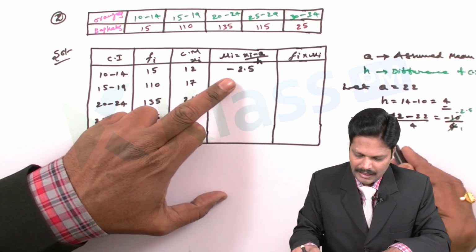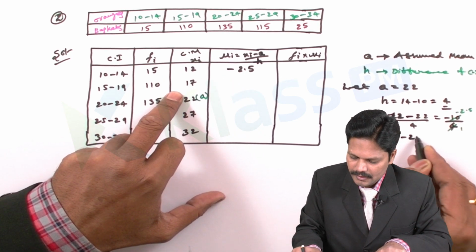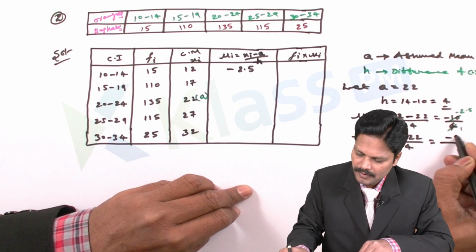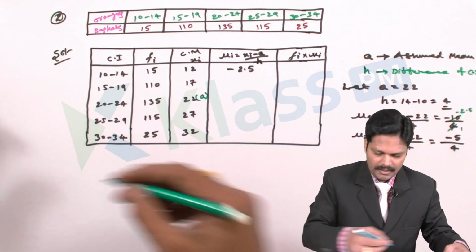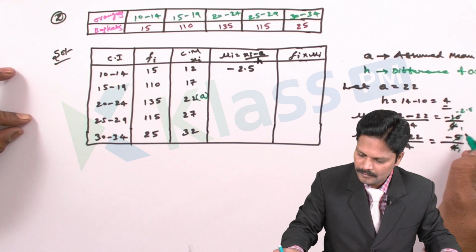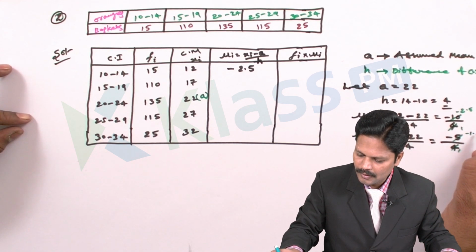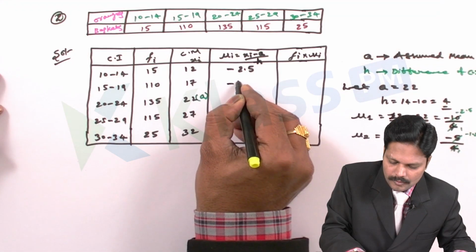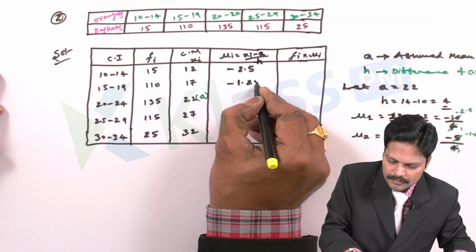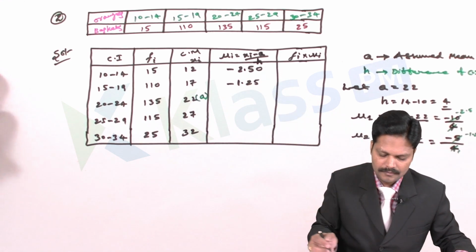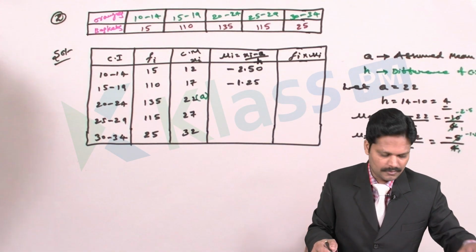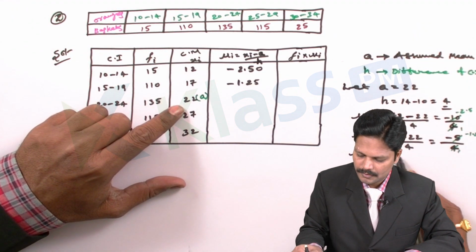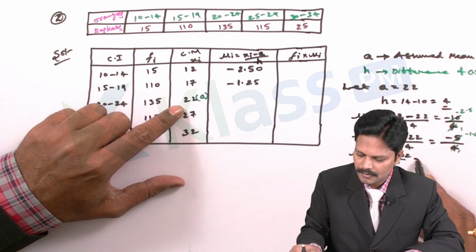For the second row, u2, we are having x_i as 17 minus 22 by 4, which is minus 5 by 4, and we need to cancel this, giving minus 1.25. In this manner we need to get the values. For u3, 22 minus 22 by 4 is nothing but 0.